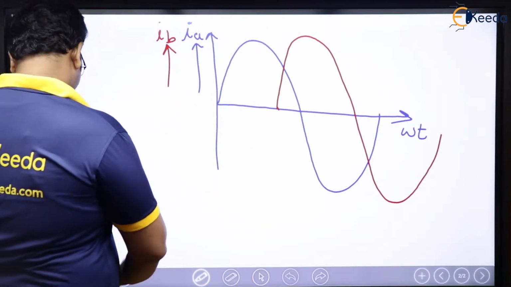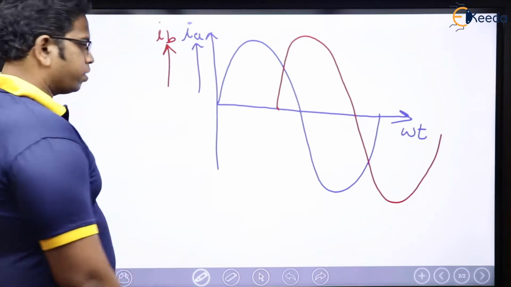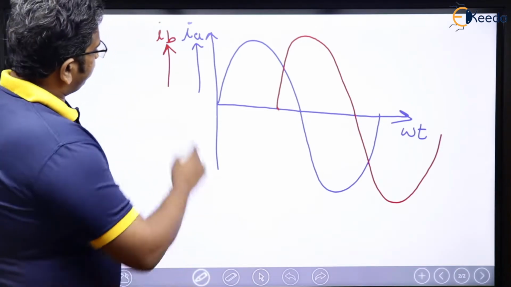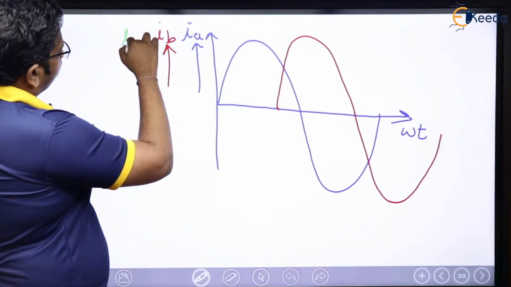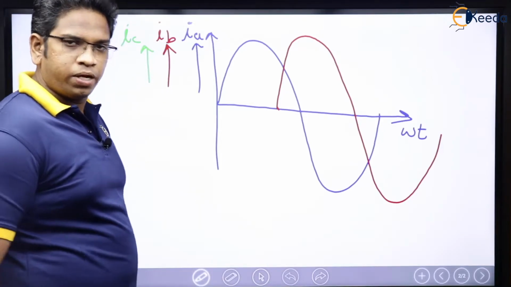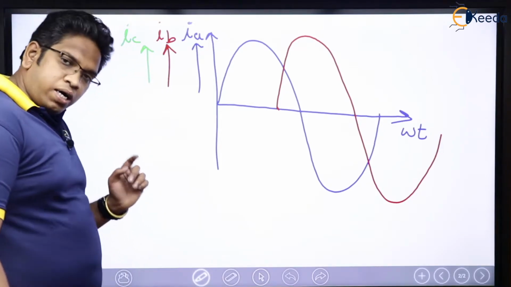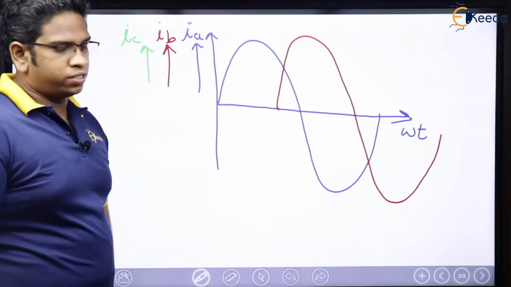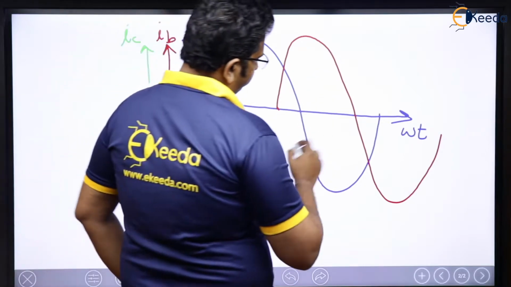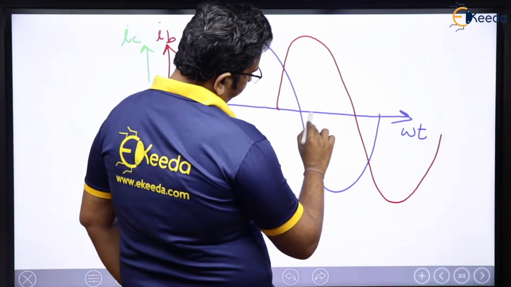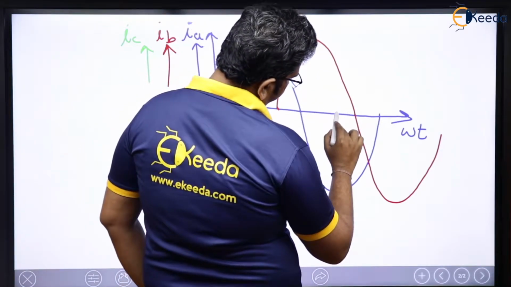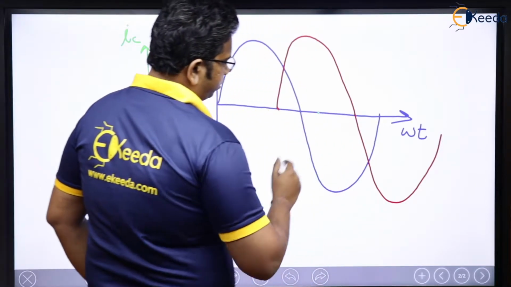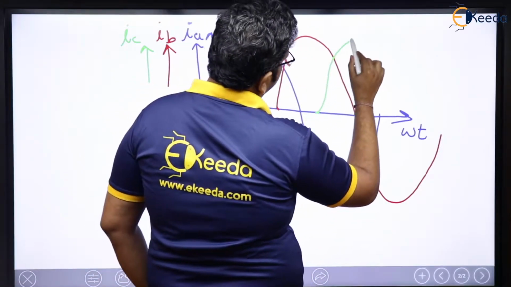See here. Let me have C phase. This is going to be IC, right? And it will be again lagging by 120, means from A it will be lagging by 240 degrees. So let me consider that too. So here if it is 120, here 180, so here somewhere there will be 240, right? So it will start here like this.